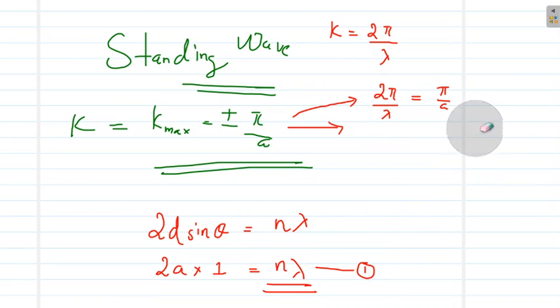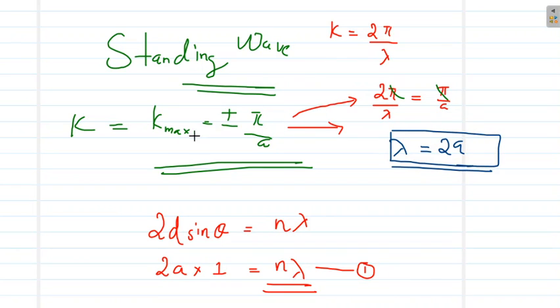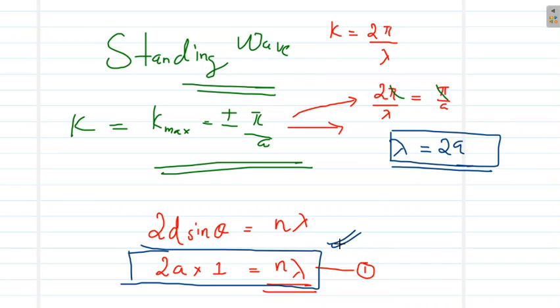Now I can rearrange these terms as lambda equal to 2a. So we can see that this condition of standing wave, when the wave vector is equal to plus or minus pi by a, is just the same as the Bragg's condition. So we can effectively apply the Bragg's condition to the case of an oscillating wave that is propagating through the crystal.